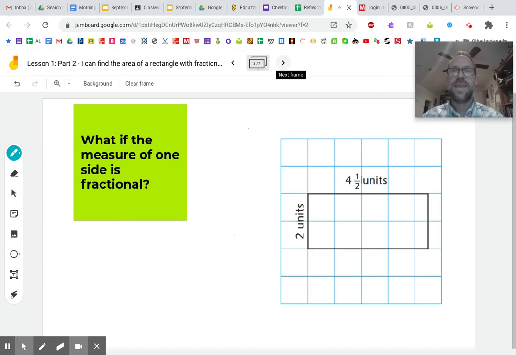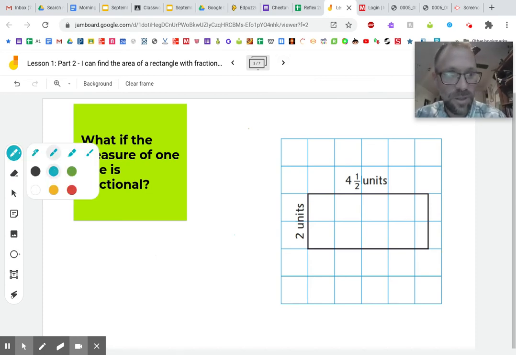So here is one strategy for finding the area of a rectangle with a fractional side length. Are you ready? We can count all the pieces. We'll count the whole square units, and we'll count the fractional square units, and then we'll add them all together. Does that sound good? Let me show you what I mean.